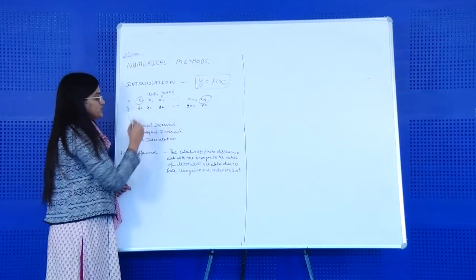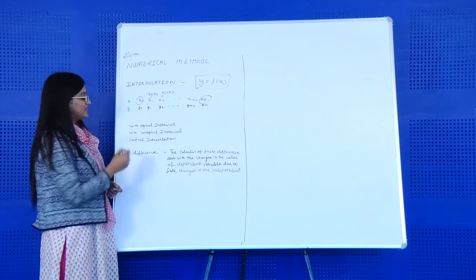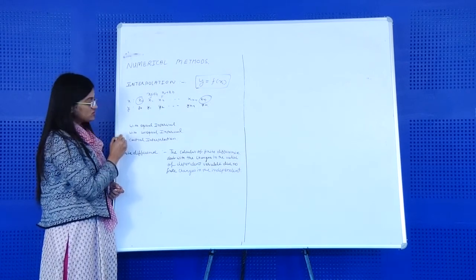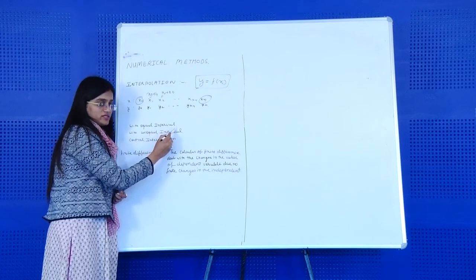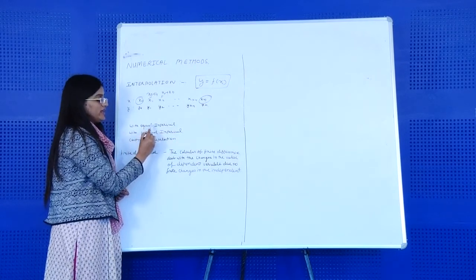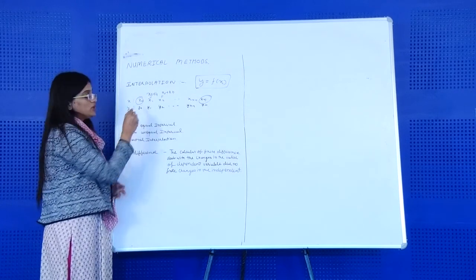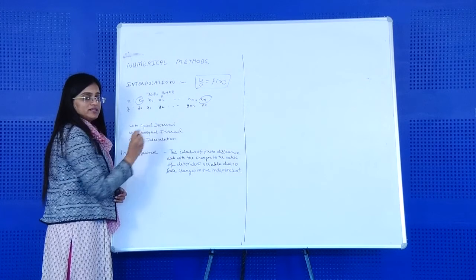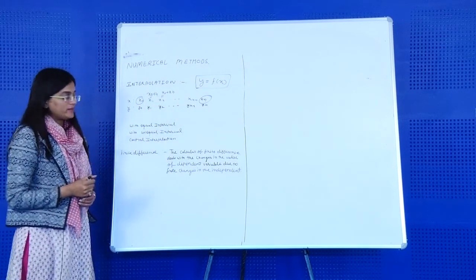For interpolation, we divide our interpolation methods into three categories. The first is with equal interval. Here by equal interval, I mean my x values are equally spaced. With unequal interval, my x values are unequally spaced.